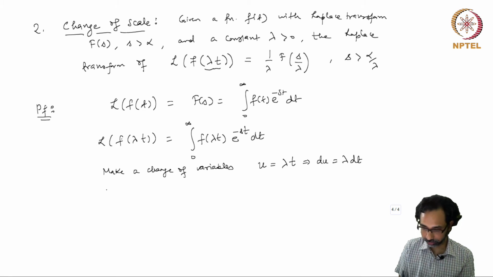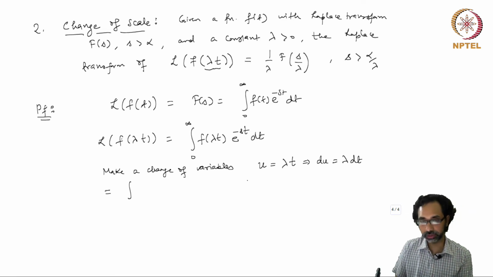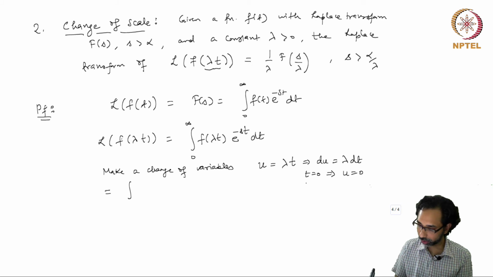and we get this integral is now equal to. So now let's see what are the limits of integration. When t equals 0, this means that u equals 0 because lambda is a positive number. When t equals infinity, this also implies u equals plus infinity because lambda is positive.